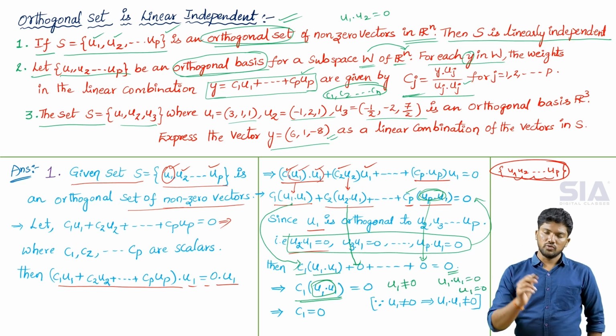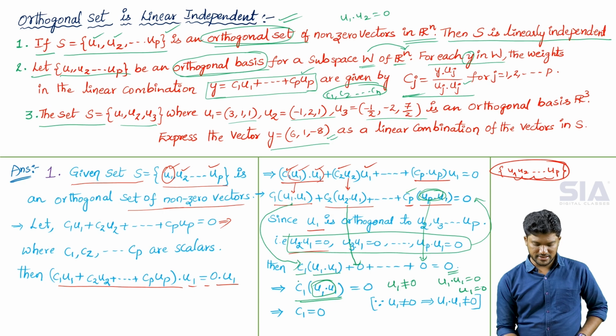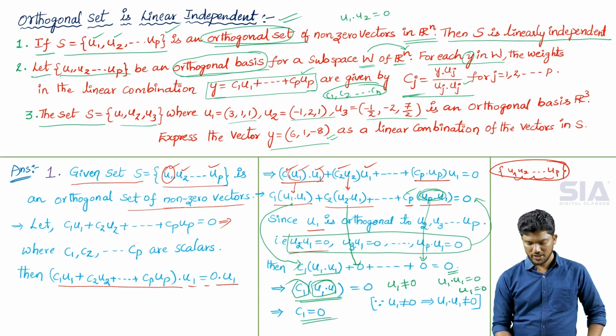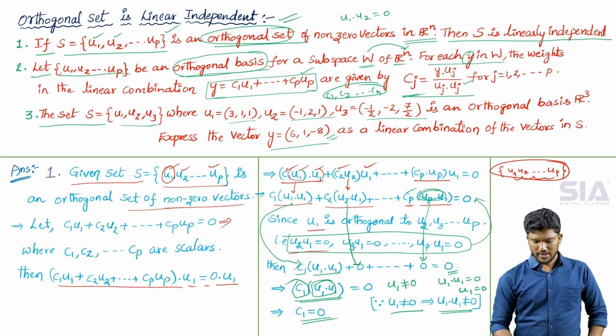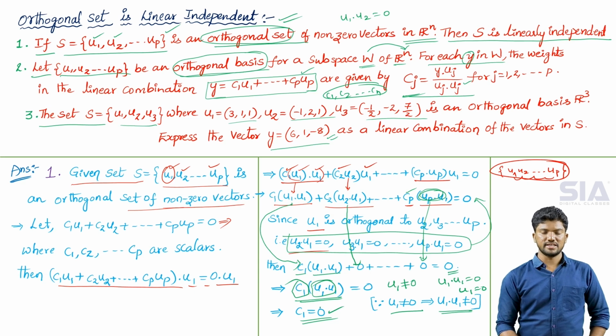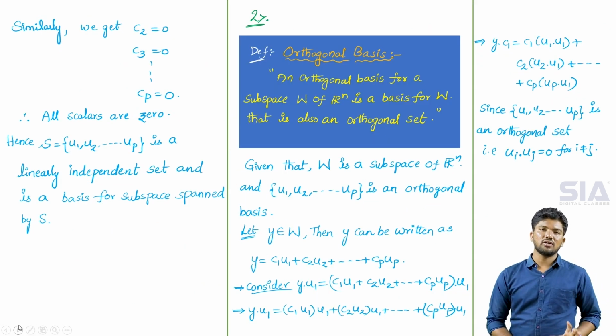But here U1 is an orthogonal vector, that means it is a non-zero vector. That's why definitely C1 will become 0. Since U1 is not equal to 0, therefore U1 into U1 also is not equal to 0. So C1 is equal to 0, and what is that C1? The first weight in that linear combination.